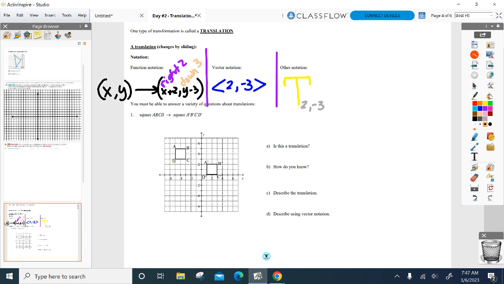So what I want you to do right now, from point A to A prime, how many units am I going and what direction? And is that the same for B, C, and D? Check by yourself or within your group right now. Am I moving the same distance and direction to get from B to B prime, all 4 of those points?